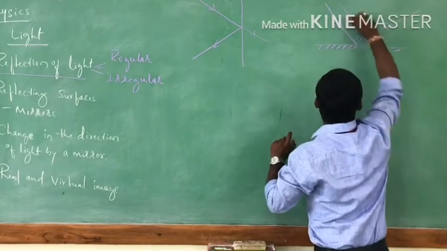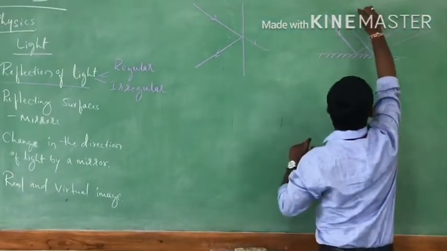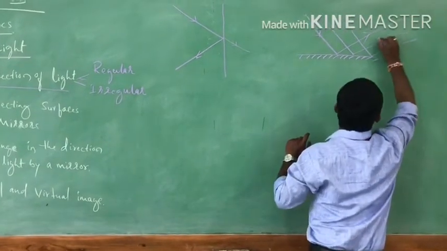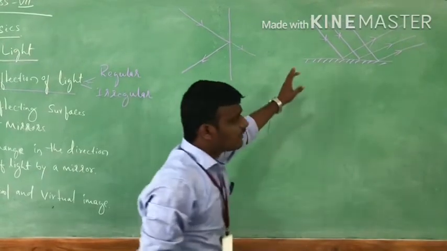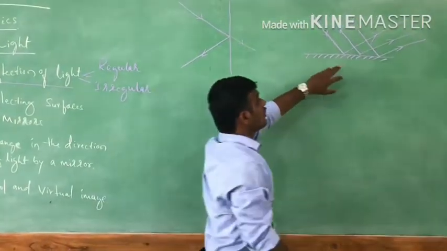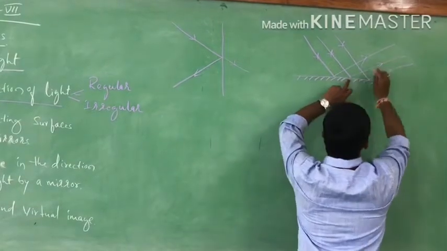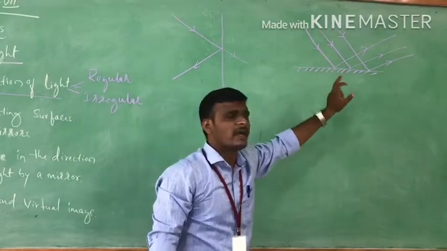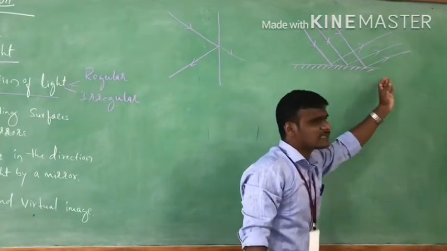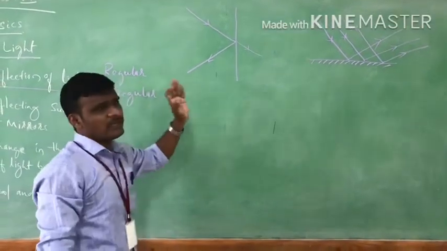If you make another ray incident, another reflection will take place. This we call a regular reflection of light. Here each ray is reflected equally. The angle of incidence and angle of reflection are the same for all three rays. That's why we call it a regular reflection.